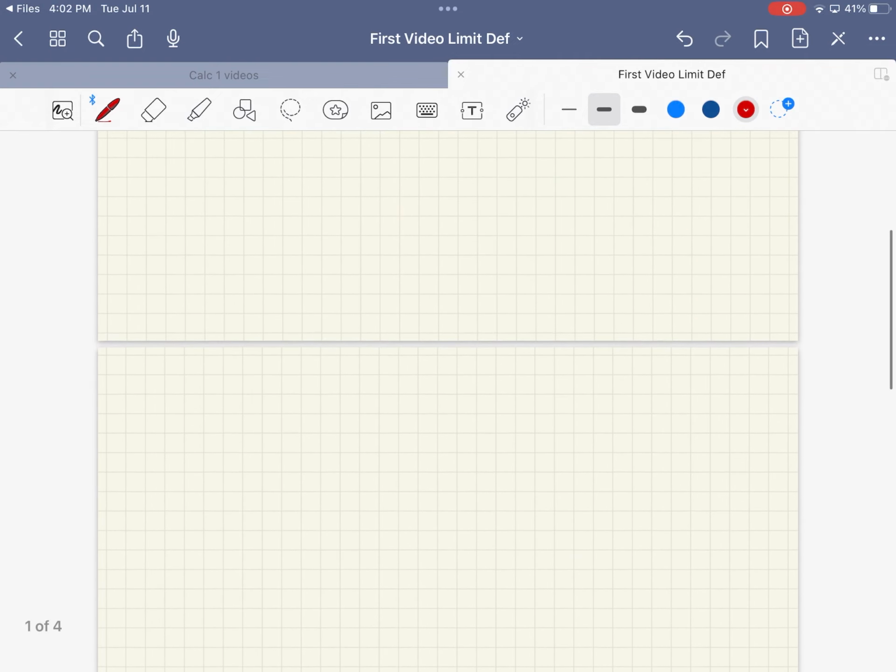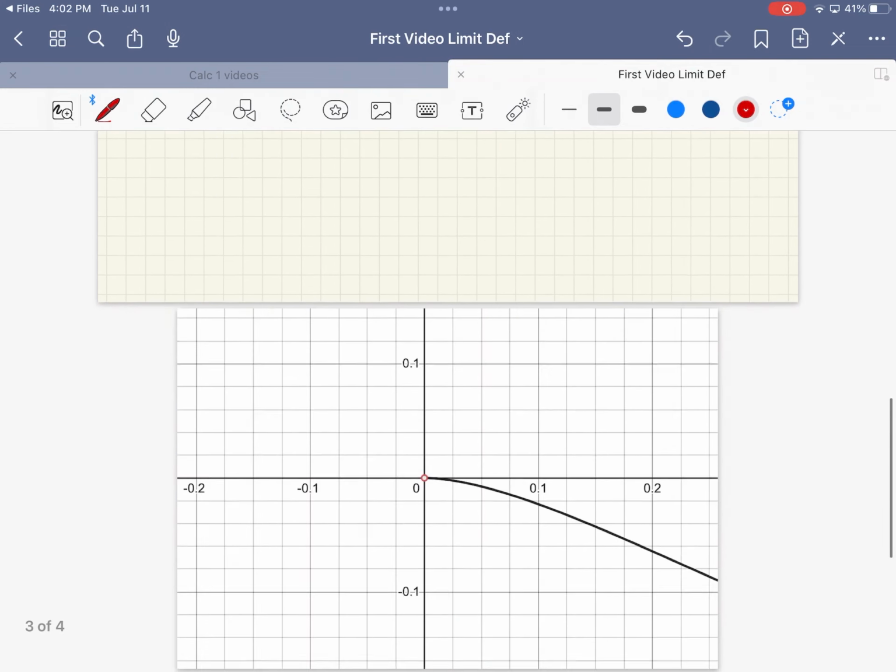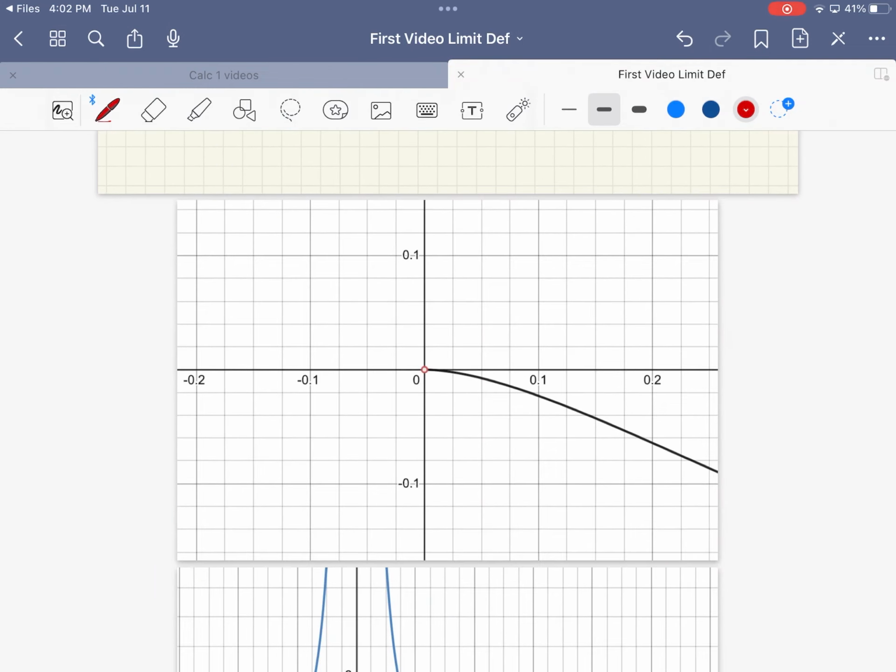So if we look at the graph of the original function, x squared ln of x, that's this function right here, it appears that the limit is going to be 0. So notice as we approach 0 from the right, the limit appears to be approaching 0.